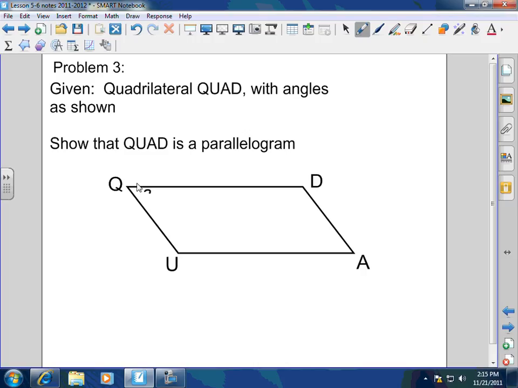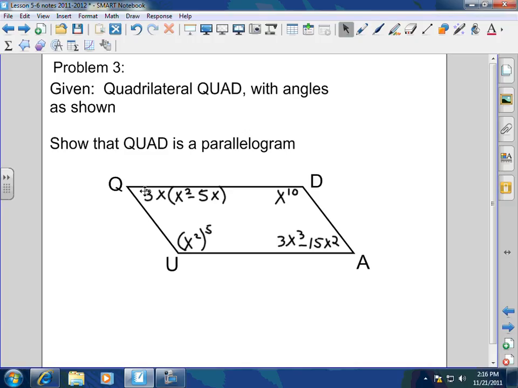So if I have 3x times x squared minus 5x, and I've got x squared to the 5th power, and I've got x to the 10th power, and I've got 3x cubed minus 15x squared. How can we show that quadrilateral QUAD is a parallelogram?